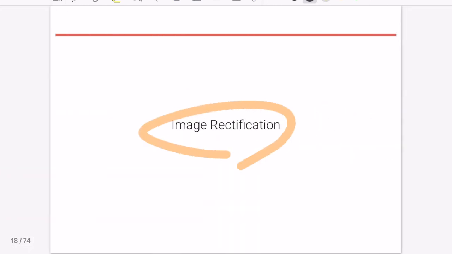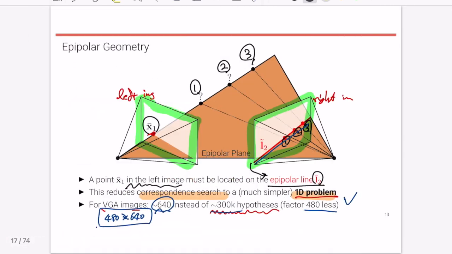But when we consider the original epipolar line, it's not just horizontal to the baseline, so it may require an x-direction and y-direction disparity map.